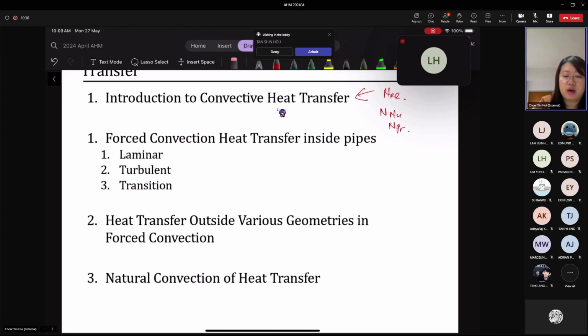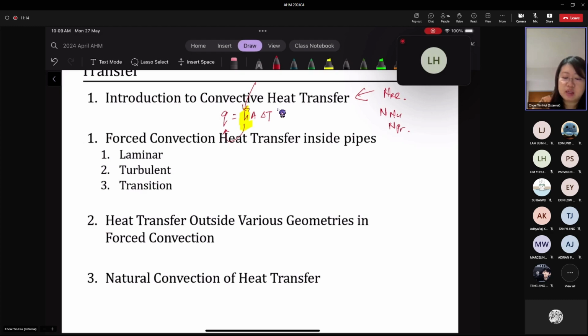Because so far, whenever you calculate the rate of heat transfer, you just apply the Newton law of cooling, where you have the convective heat transfer coefficient multiplied by the area, then multiplied by the temperature difference, right? But how do we actually obtain the H value? For the most part, the H value is provided to you. So our topic today will focus on how we are going to calculate this H value, and after finding it, we'll apply it to calculate the rate of heat transfer.